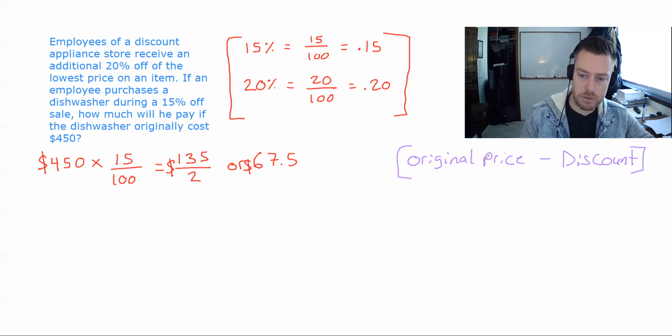So as we said over here, the original price minus the discount is equal to the actual price. So the actual price of what the employee is looking at is equal to 450 minus, let's just do the decimal one, 67.5. These are both in dollars, okay?